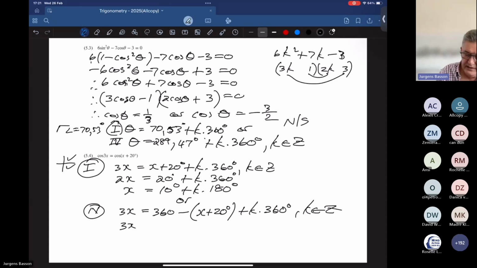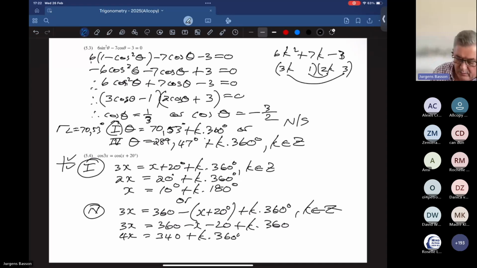So we have 3x is equal to 360 minus x minus 20 plus k times 360. This minus x will give us a 4x. 360 minus 20 is 340, plus k times 360. Just double check for me if I don't make mistakes here. 360 minus x minus 20 plus x, 360, yeah.